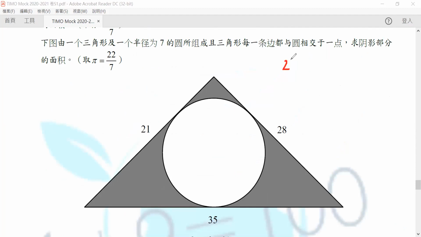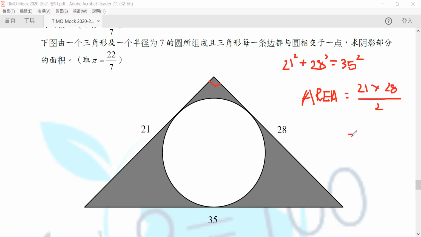I hope that everyone caught that 21 squared plus 28 squared is equal to 35 squared, which means that according to Pythagoras' theorem, this is actually a right-angled triangle, with area equal to 21 times 28 divided by 2, which is equal to 21 times 14, which is equal to 294.